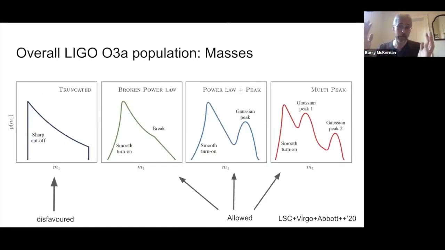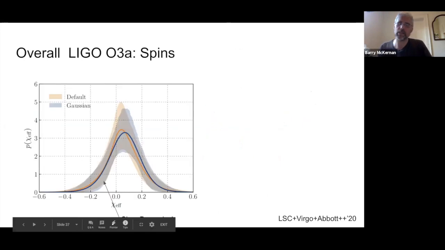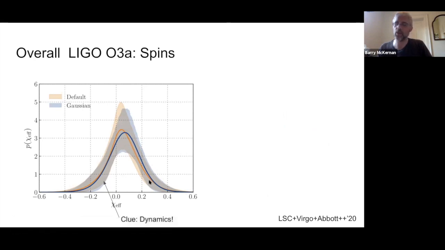For the overall population of mergers that LIGO sees, this cartoon shows a bunch of mass models that they tried out on the entire population of mergers they saw. If you remember, we're expecting a broken power law distribution, maybe some stuff in the lower mass gap. Basically, that's allowed. As far as spins, the chi-effective distribution is narrow-ish, but it's biased towards the positive, so it's not centered around 0.